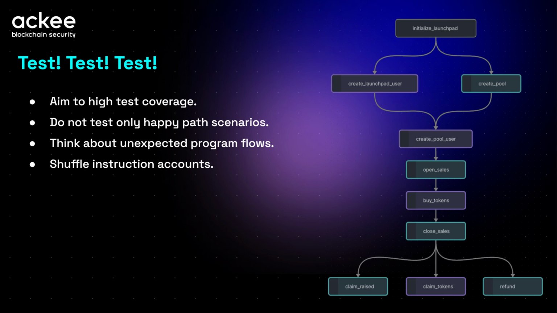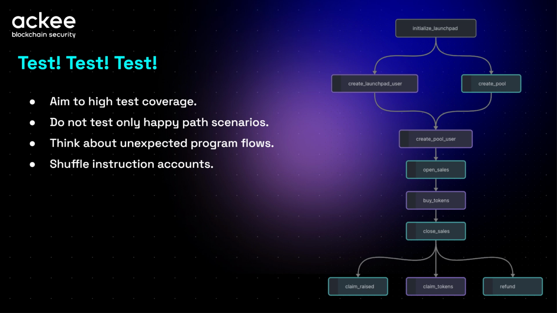In most cases the projects test so-called happy path scenarios, so they basically verify that their program works as they would like it to work. So for example, we have here a simple ICO, initial coin offering, and some launchpad workflow.